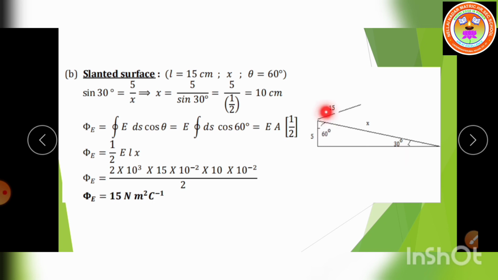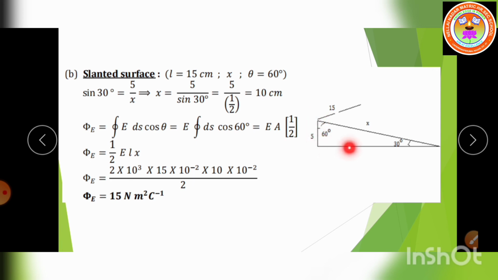Here listen, length 15 centimeter. For the slanted surface, you want to calculate the length of the slanted surface. That I am going to take as x. So L is equal to 15 centimeter, x you want to find out, and theta is equal to 60 degree for the slanted surface.